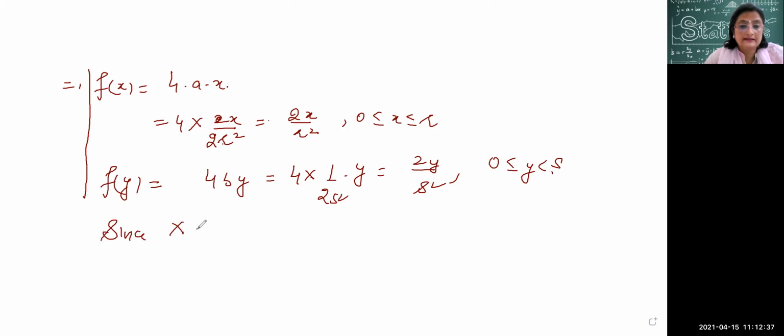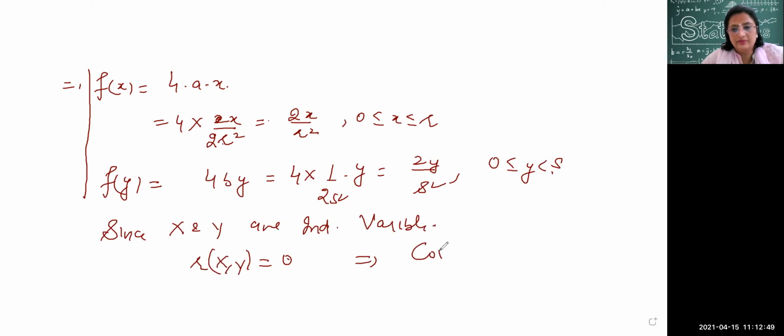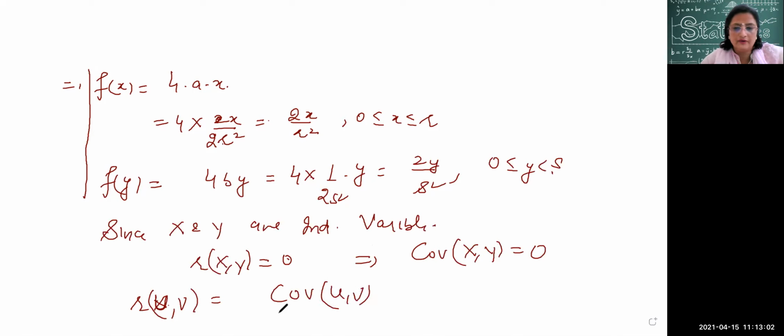Since x and y are independent variables, it implies the correlation coefficient between them is equal to 0. And what does it mean? It means the covariance between x and y is equal to 0. So now in order to calculate the correlation between u and v, we have to find the covariance between u and v upon sigma u and sigma v.